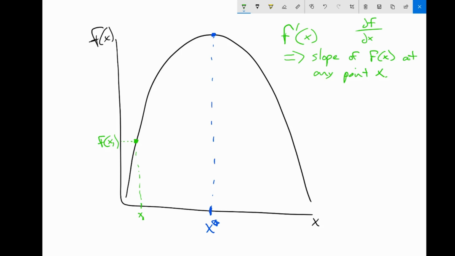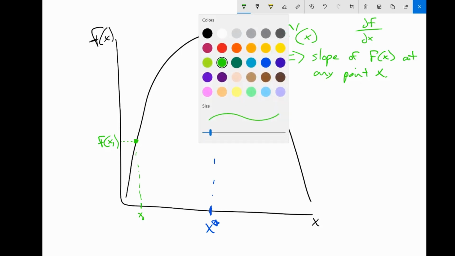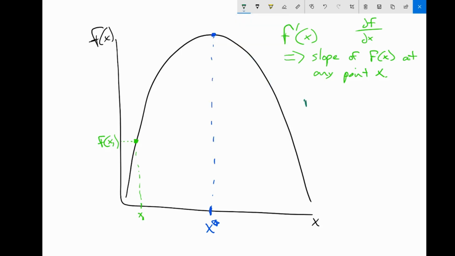Now the derivative of f at x1 is going to give us the slope, which I'll represent by this tangent line. The derivative is going to give us the slope at x1. So we could say here that the slope will be positive at x1.